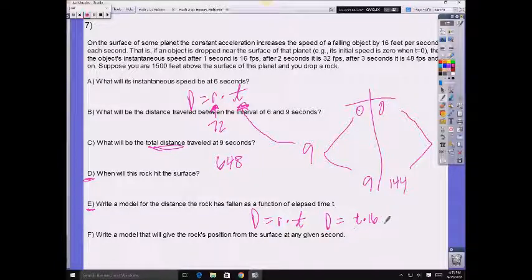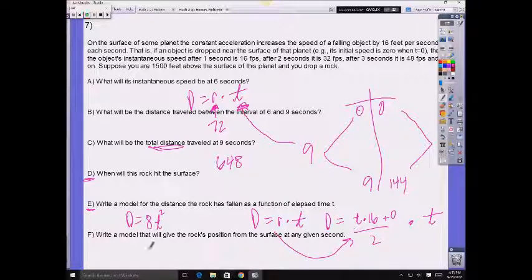So you're really going to add the speed at 0, which is 0, and divide that by 2, and that is my rate. And the time is time. So the distance equals 8 times time squared.